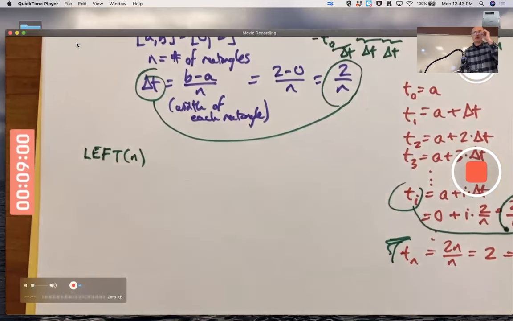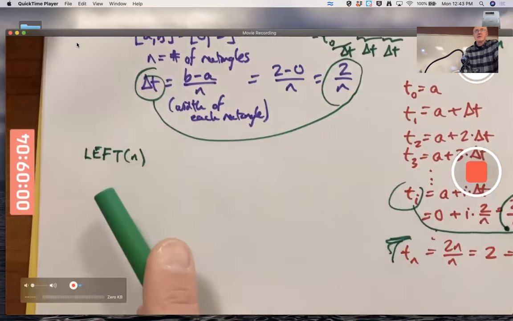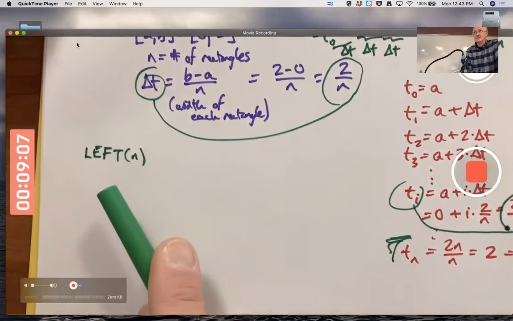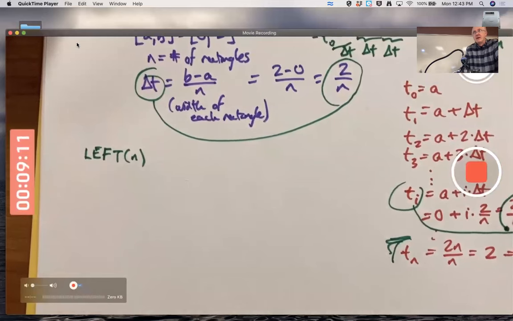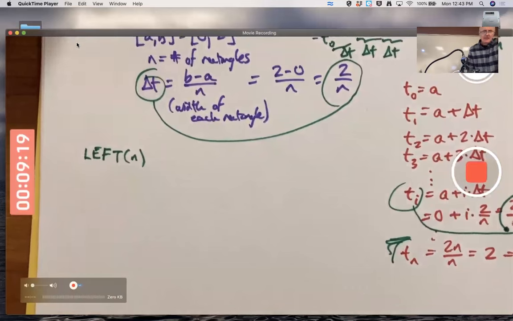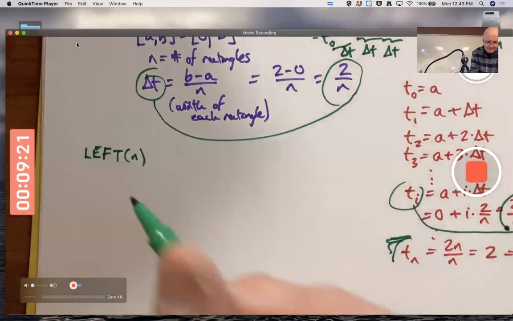We talked about this some last week. In general, these sums will depend on what n is, right? I haven't told you what n is. I could pick anything I want for n. I could pick 1, 2, 3, 4, 5, 6, etc. Bigger n should give better answers. So the left-hand sum will depend on n.